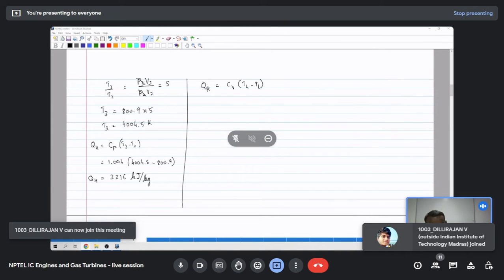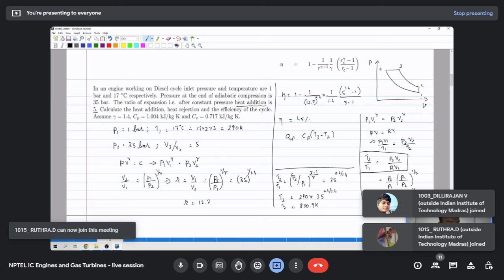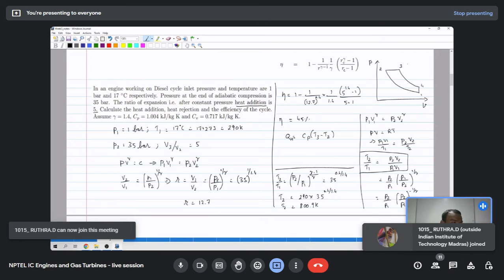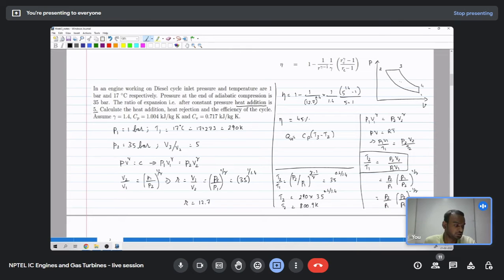So this way I have to calculate the temperature at T4. That means, with the volume ratio, I can calculate using the isentropic expansion correlation, like PV power gamma is equal to constant. I can calculate the temperature at T4 and then calculate.